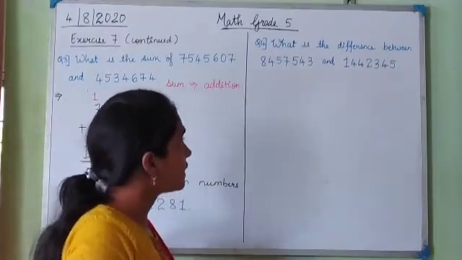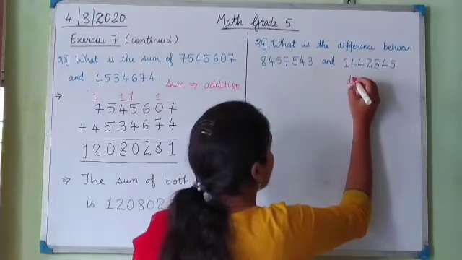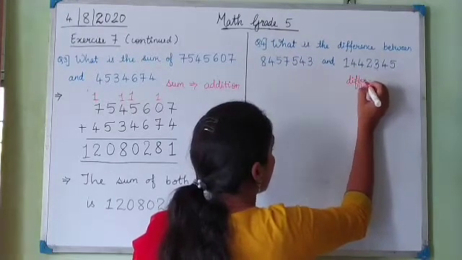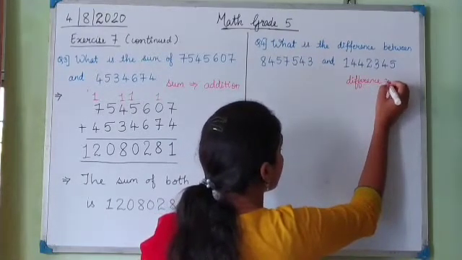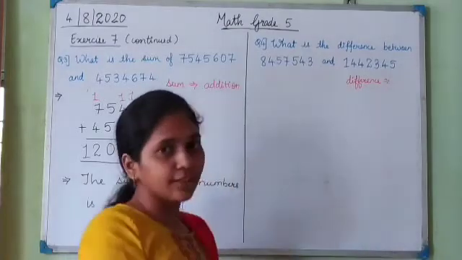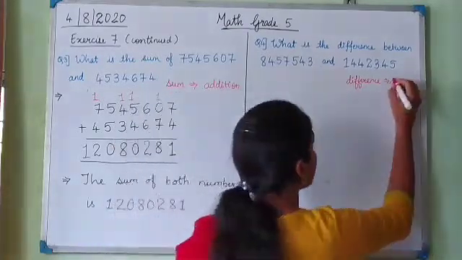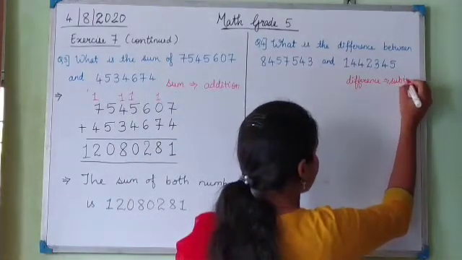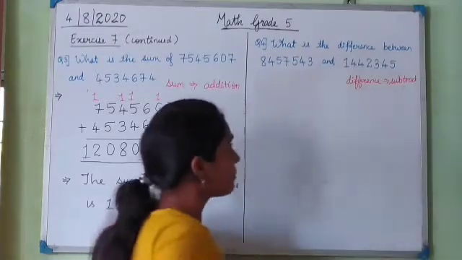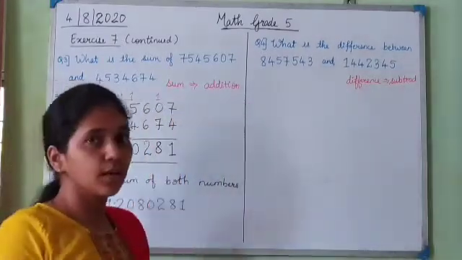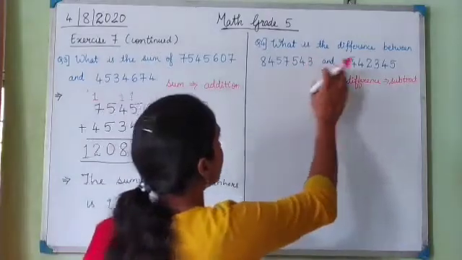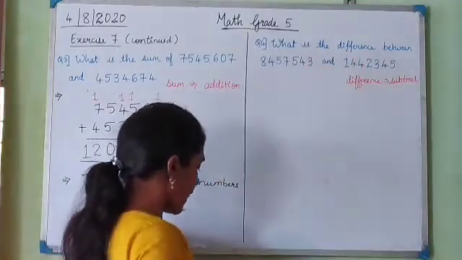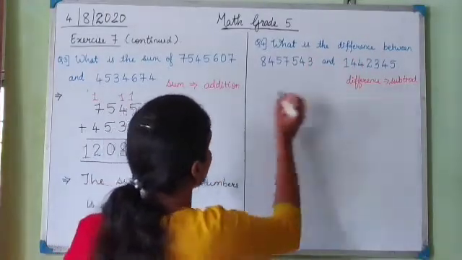Difference means what? In words, if it is given difference, then what do we have to find? We have to find the subtraction of both the numbers. So we have to subtract. Difference means to subtract and sum means to add. So here we have to find the difference, which means we have to subtract these two numbers.